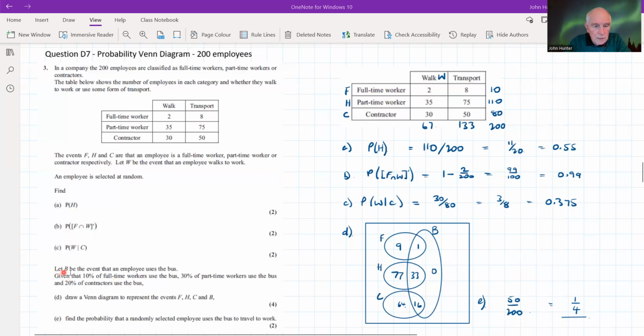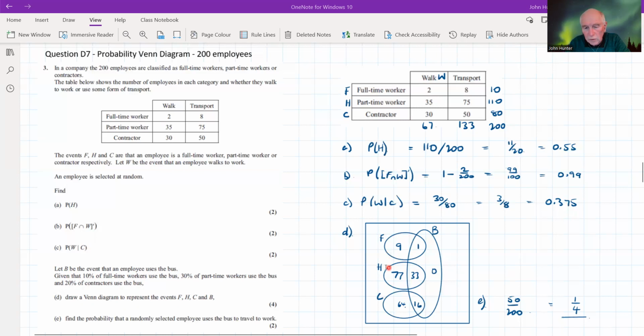Good. Okay. Let B be the event that an employee uses the bus. Given that 10% of full-time workers use the bus, 30% of part-time workers use the bus, and 20% of contractors use the bus, draw a Venn diagram to represent the events F, H, C, and B. Okay, so these are separate, aren't they? These are mutually exclusive.